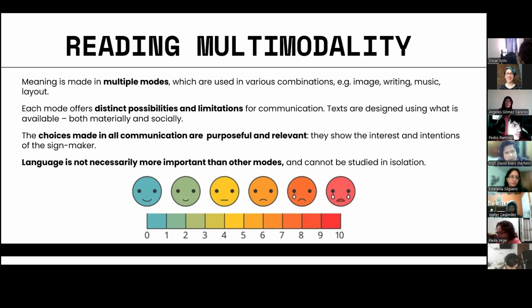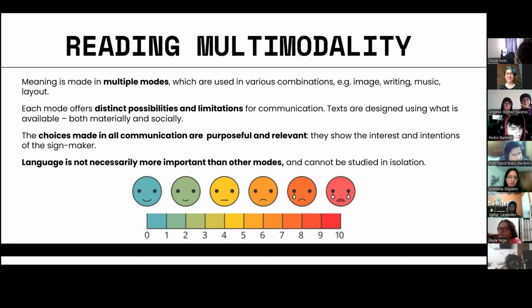So each different mode, language, audio, image, space, they all have distinct possibilities and distinct limitations. All different texts, and bear in mind that when I say text, I can mean physical text, audio text, image text. All of those are texts.